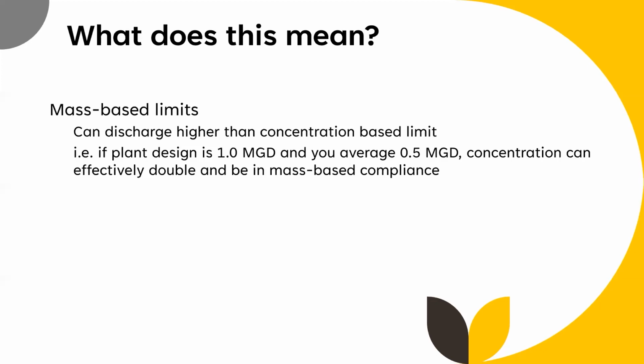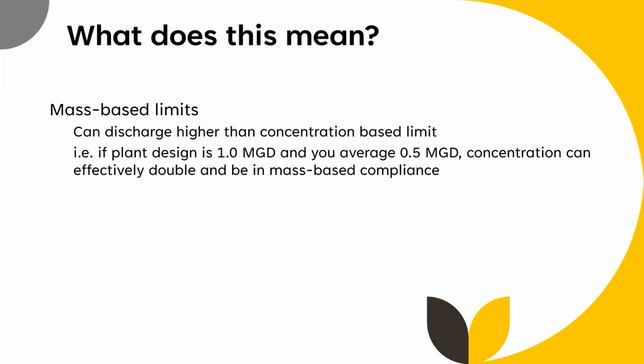So with a mass-based limit, you almost certainly can discharge higher than a concentration-based limit. So let's say we have 10 milligrams per liter as a concentration that was used to derive our mass-based limit.